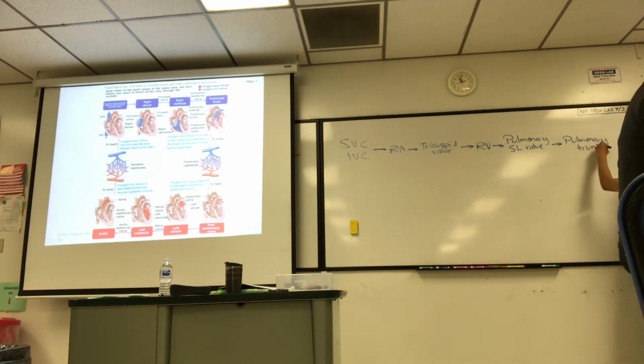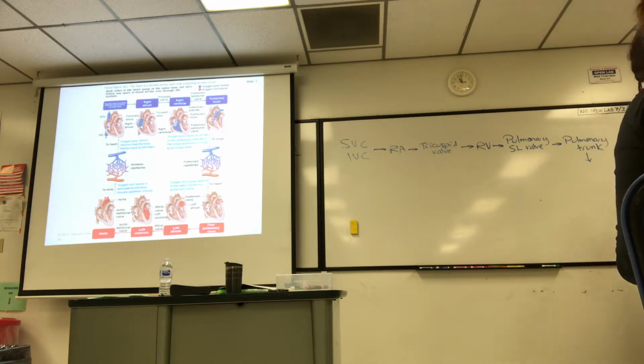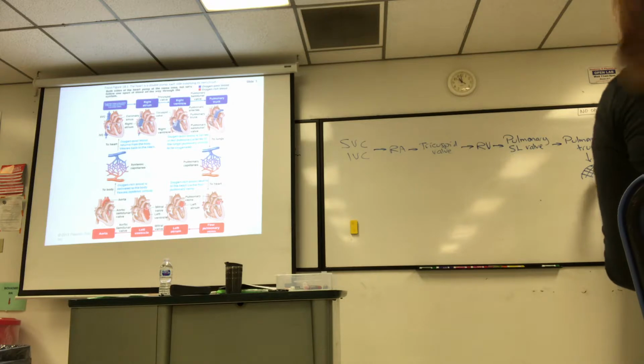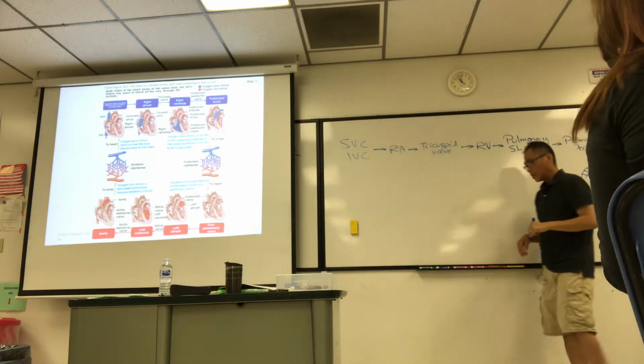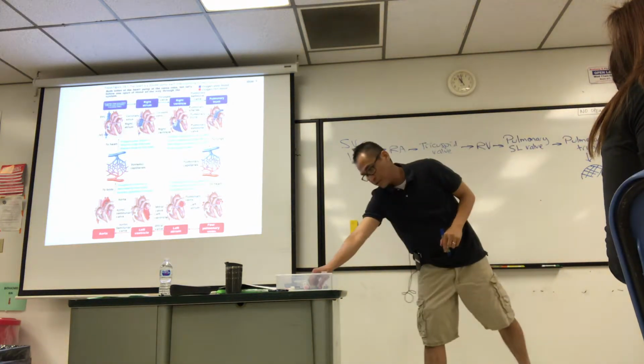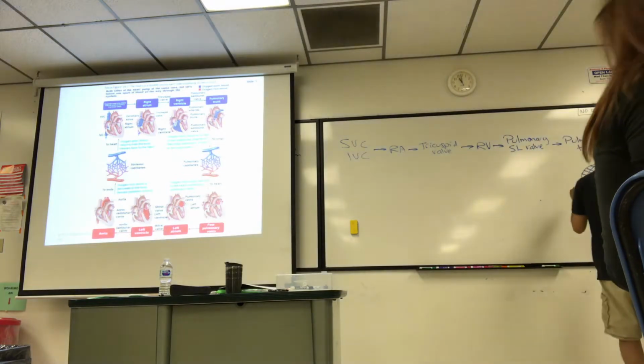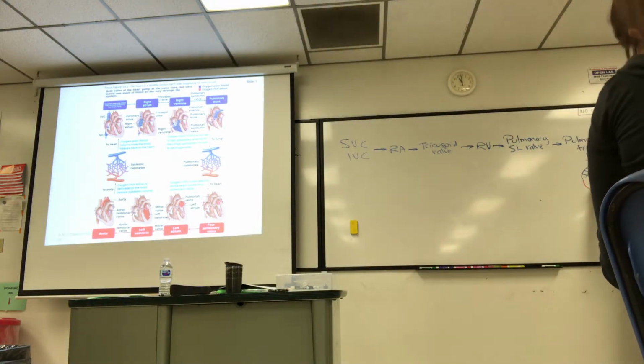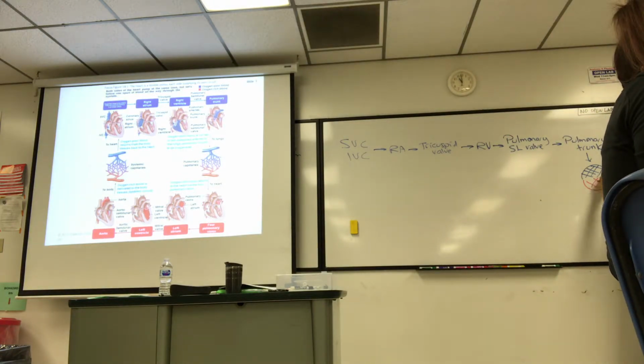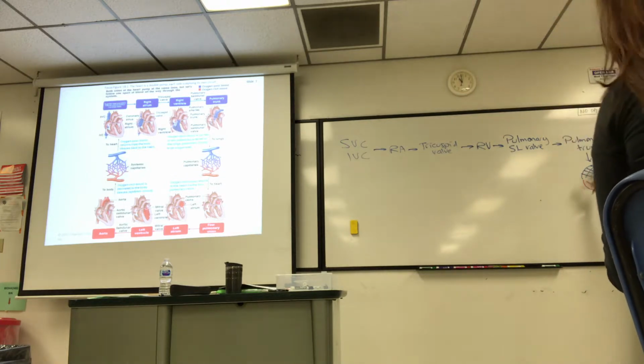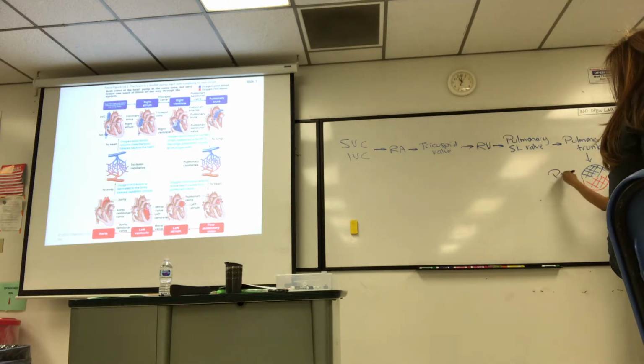From there, the pulmonary arteries will take blood to pulmonary capillaries, and I'll draw that half red, half blue, to symbolize blood is picking up oxygen. So we call this pulmonary capillaries.